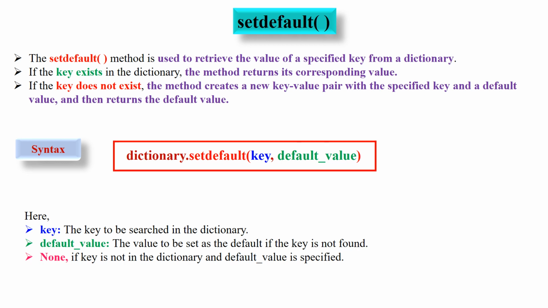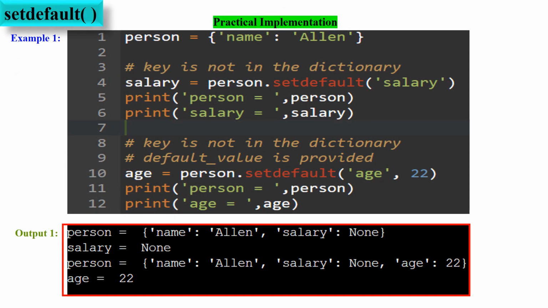The syntax is dictionary.setdefault(key, default_value). Here, key is the key to be searched in the dictionary. Default_value is the value to be set as the default if the key is not found. None if key is not in the dictionary and default_value is not specified. Revise these examples given here.